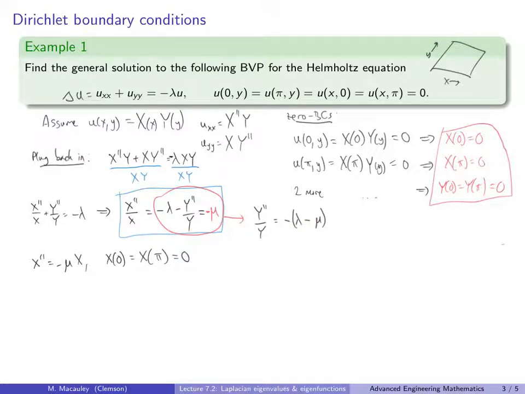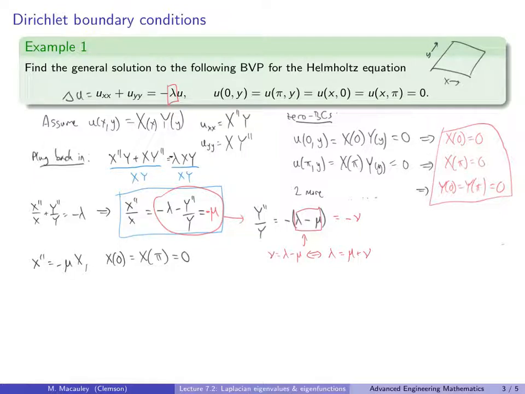And now this constant, lambda minus mu, I'm going to call it something else. Let's set this equal to negative nu. So in other words, I'm going to declare that nu equals lambda minus mu. In other words, lambda, that's this constant up here, lambda is equal to mu plus nu.